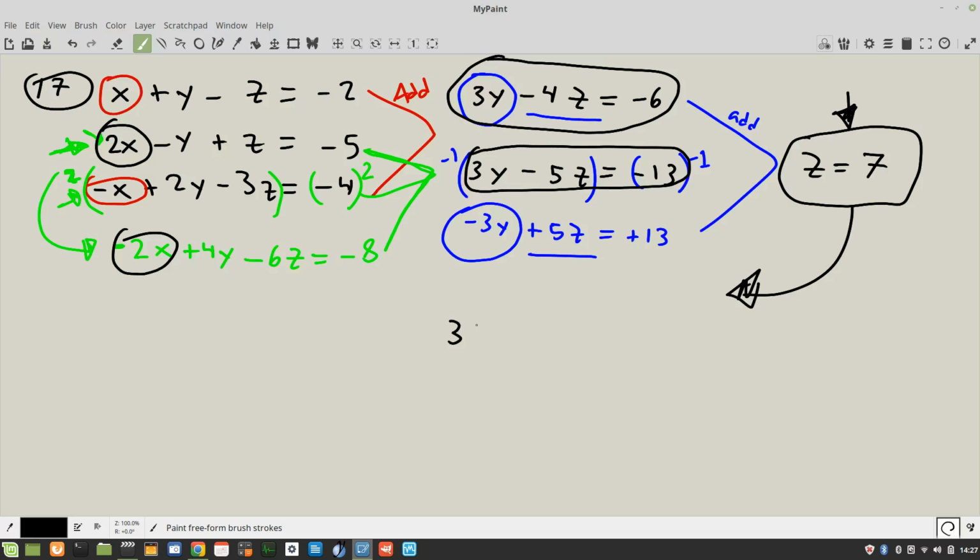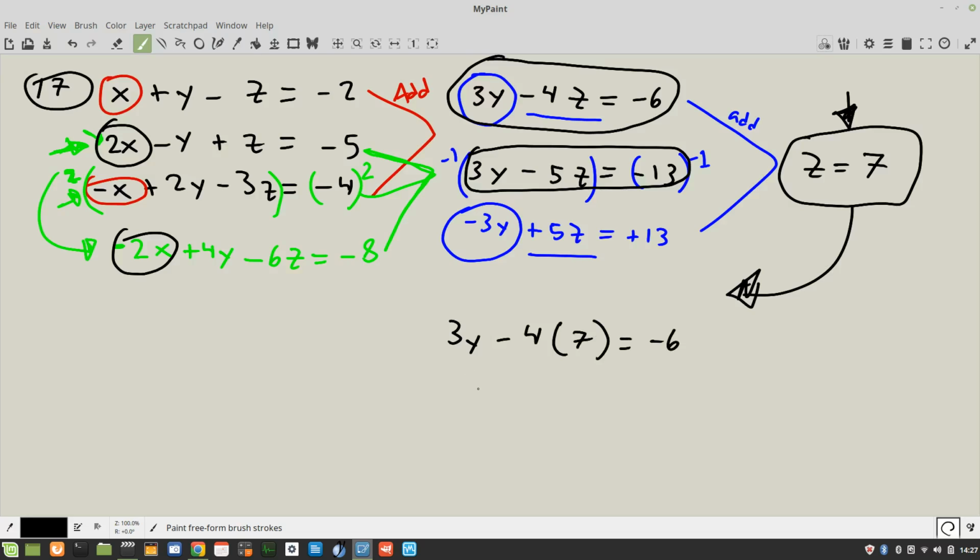So this one is going to be 3y, and we're going to plug it in to solve for y in this case. So -4 and then 7 equal to -6.